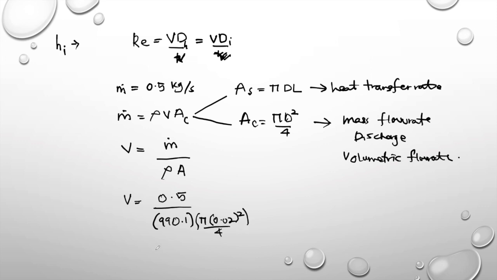So you will get the value for velocity as 1.61 meter per second. This is the velocity of water in the tube.